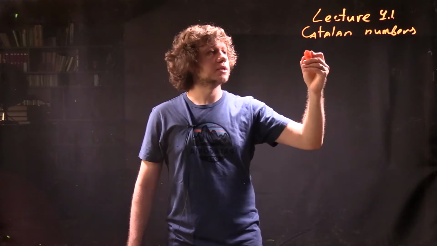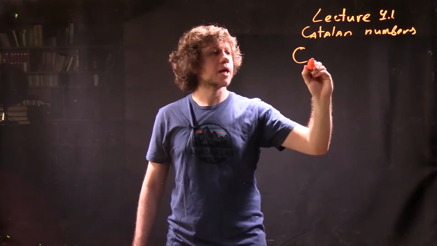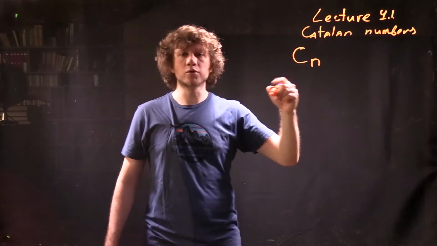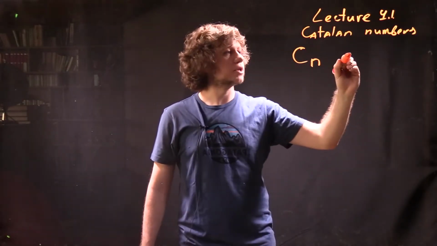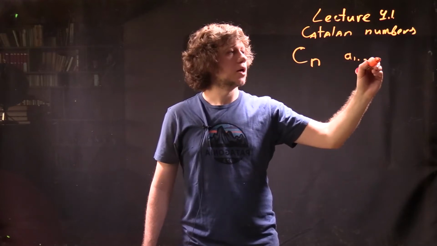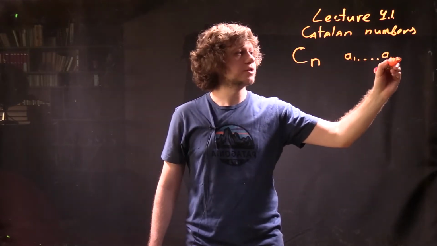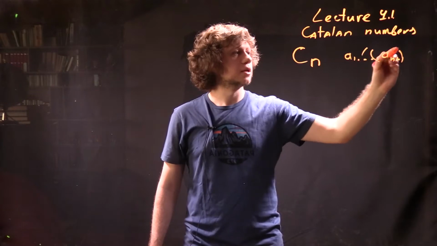So these are the numbers Cn, and you have already seen that. One of the ways to interpret Cn is to take a1 up to a(n+1), n plus 1 letters, and put brackets in some way.